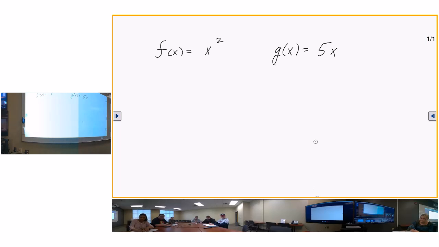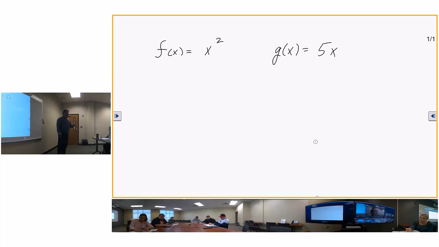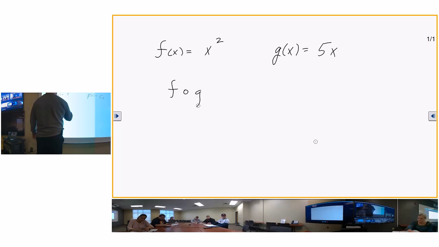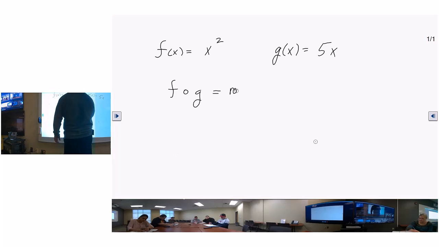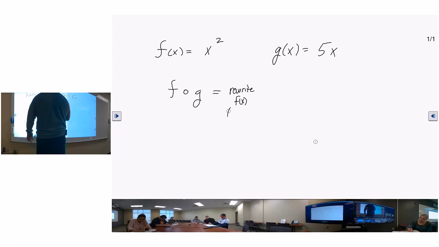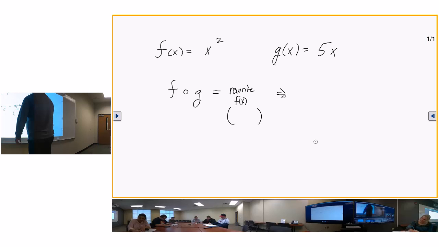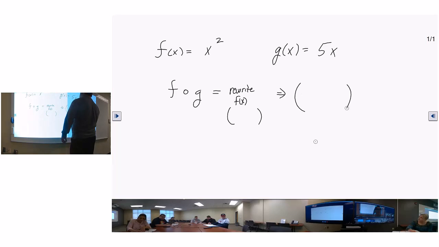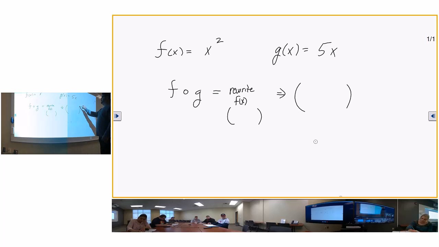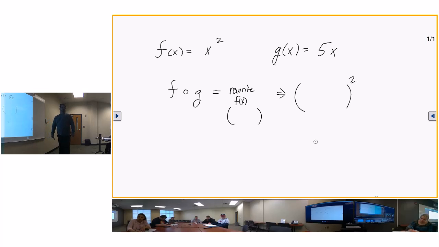Now, if I ask you to compose f of g, I will write it like this: f composed of g. And that means I'm going to rewrite f of x with a big set of parentheses wherever there's an x, and put a square there. Everybody with me?